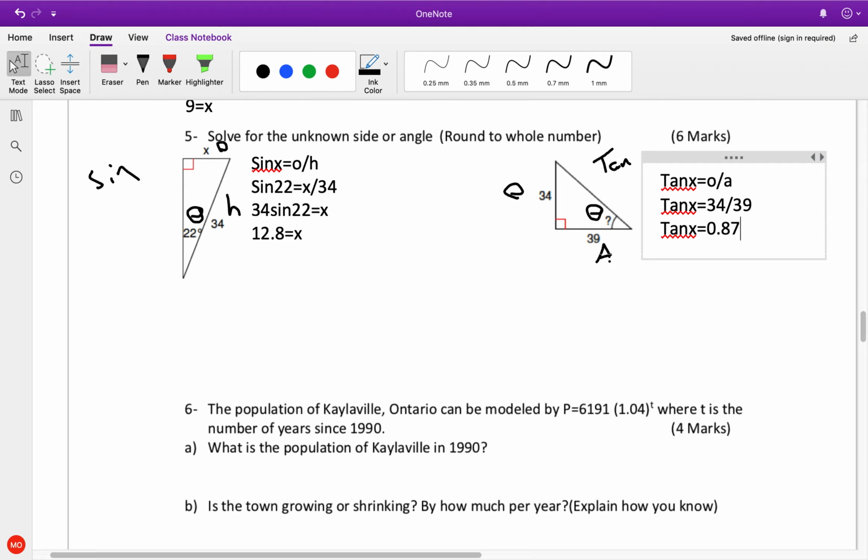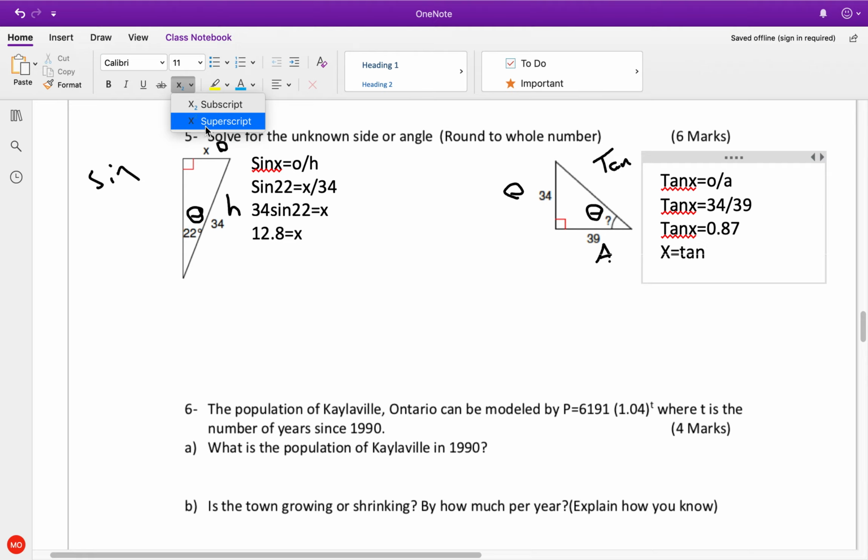0.87. Now, I need to get rid of that tan. So I'm going to move it to the other side, so it's going to turn into tan to the negative 1. Ooh, that's actually a great thinking question. 0.87, and then plug that into your calculator.